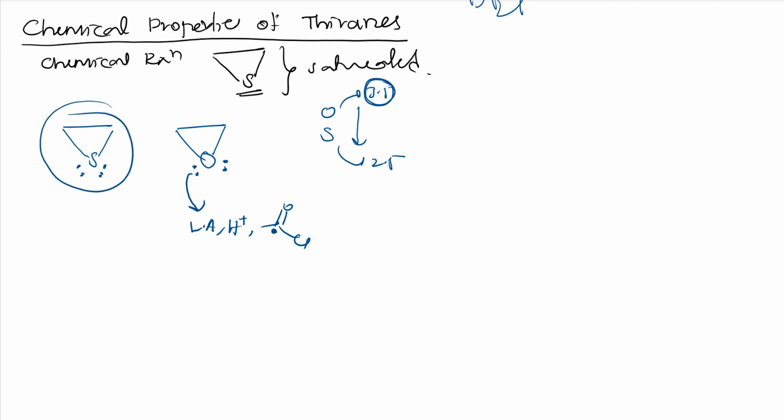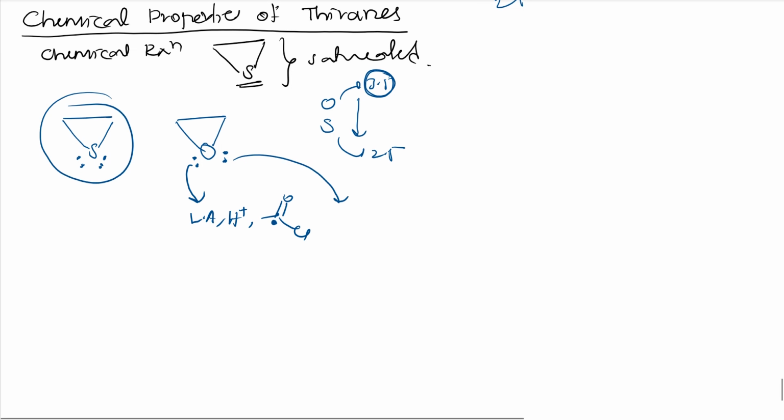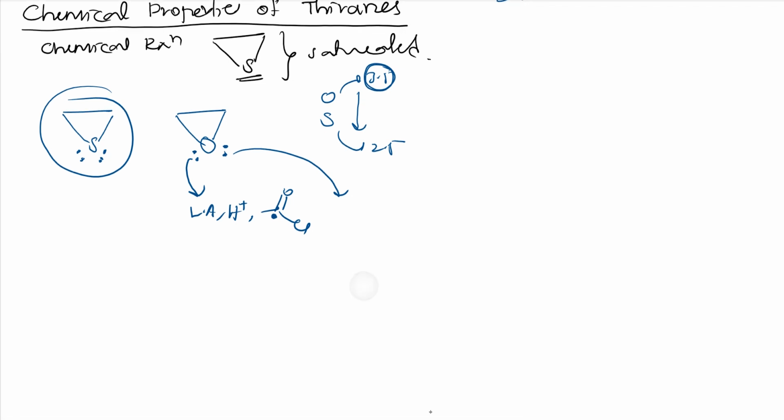The reason, which I explained in the first class but will repeat here, is that oxygen is smaller in size, so its electron density is more in a small space, whereas sulfur is bigger in size, so the electrons are spread out, and the electron density will be less here. In oxygen, the electron density will be more. This you need to remember, right? These are the extra points you need to remember.